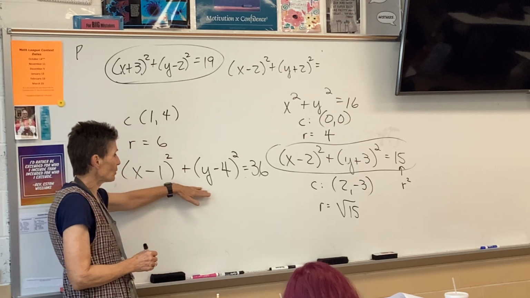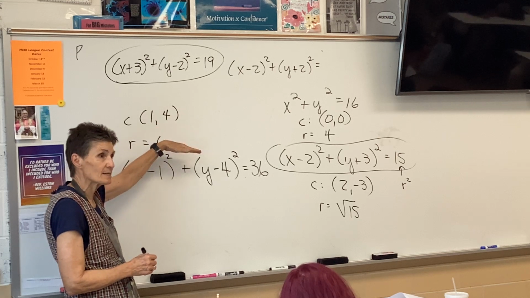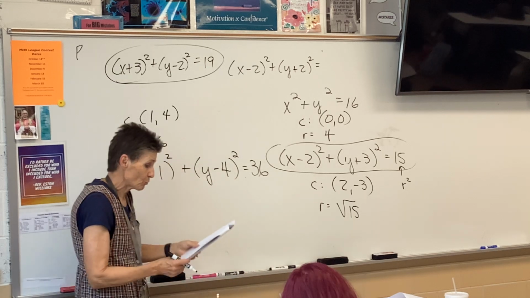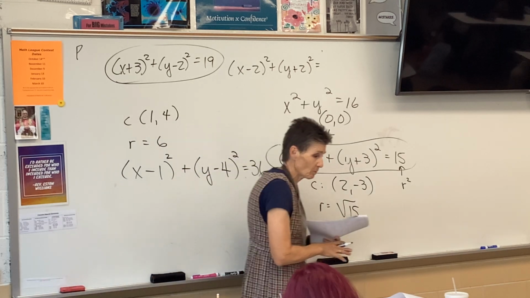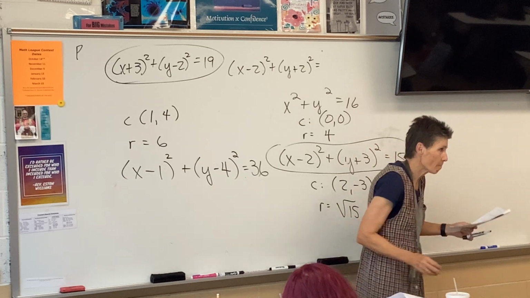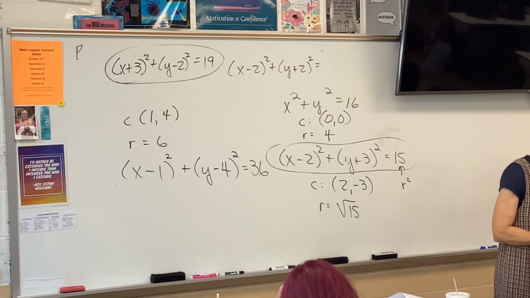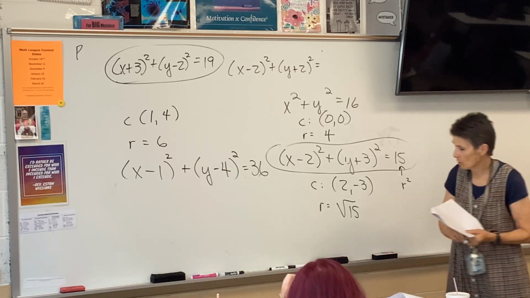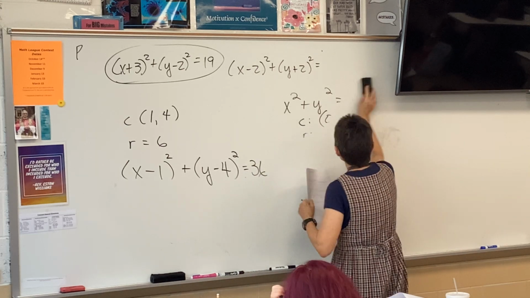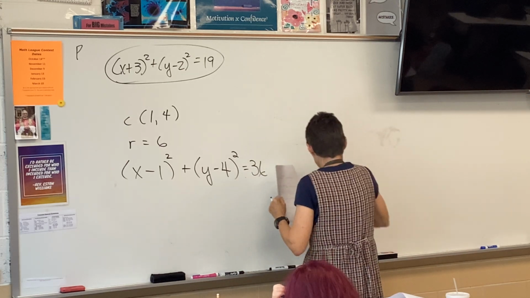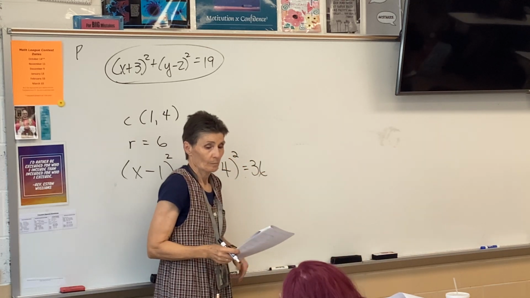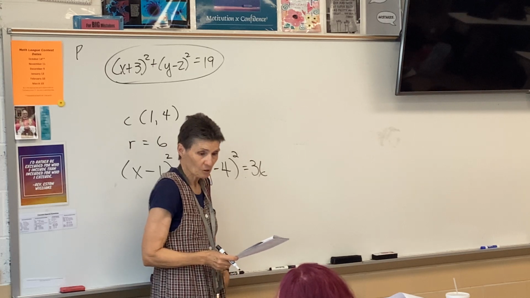So if we have an equation, we know how to get the center and the radius. And now, if we have the center and the radius, we can write the equation. Would you try B? On your paper there, try B. Consult your neighbor if you need to, it's okay. Anybody think you got it?